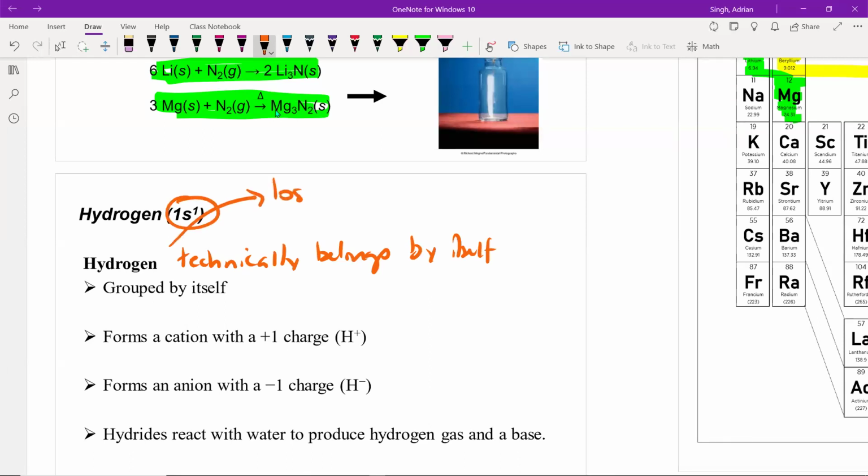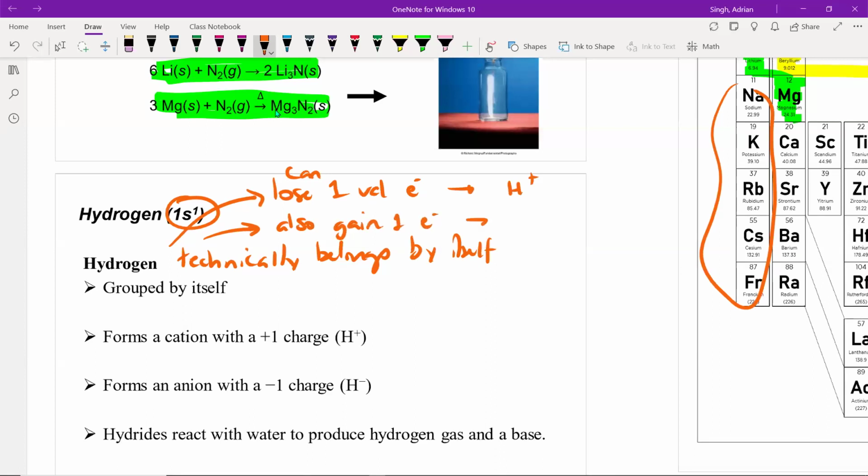And it can lose that one electron to form H+, just like the other elements in group 1 form a +1 charge. But then, depending on what it's combined with, it can also gain one electron to form the H-, the hydride ion, which behaves very differently than the H+ ion, obviously.